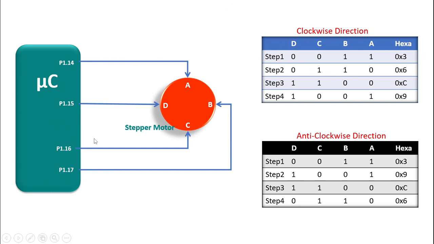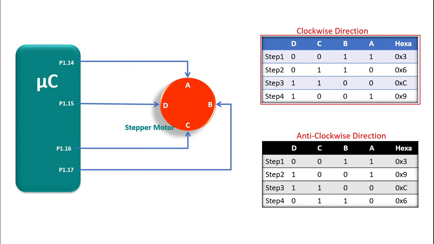Now in the programming, we have to excite these coils in a sequential manner. Either you can use full single phase or you can use 2-phase. That means 2 coils you can excite, or you can excite single coil as well. But I'll be using 2-coil excitation method. Here you can see I have a small table, in which I have written how to excite the coils.